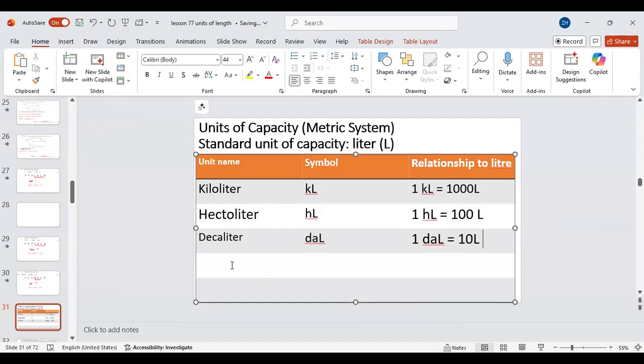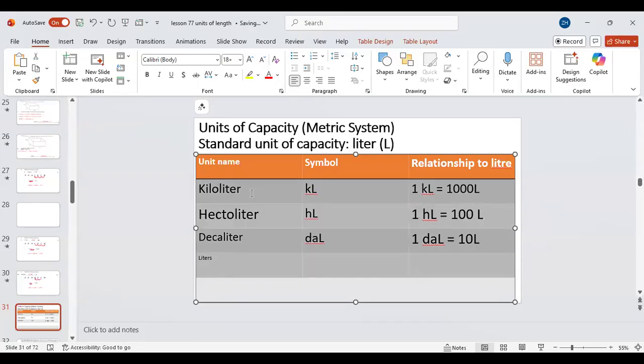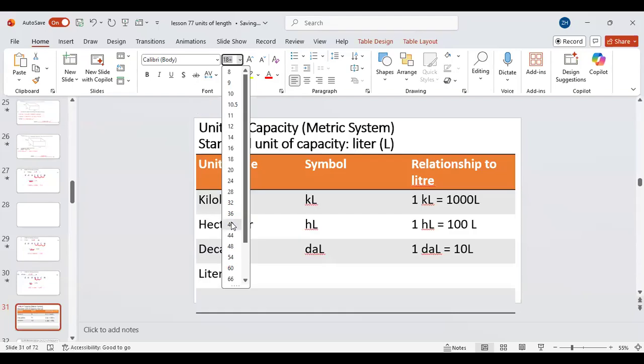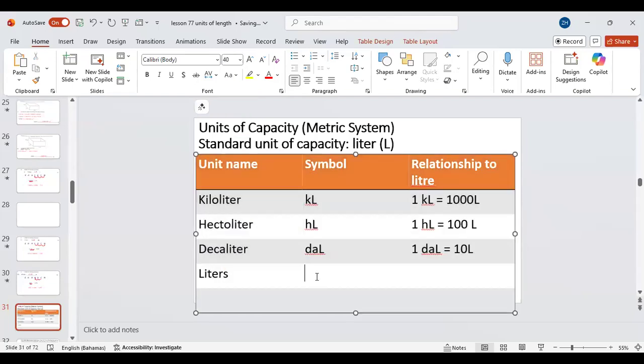And we have liters. Liters is gonna be L. Oh, I'm sorry, we are in liters, right?